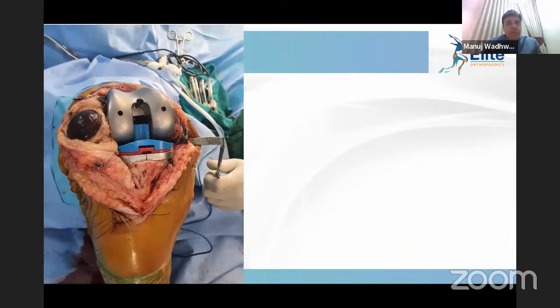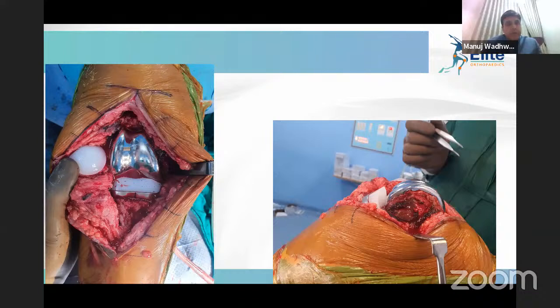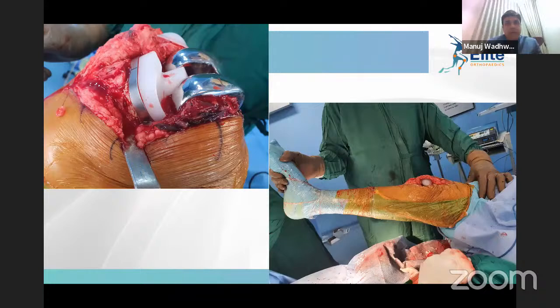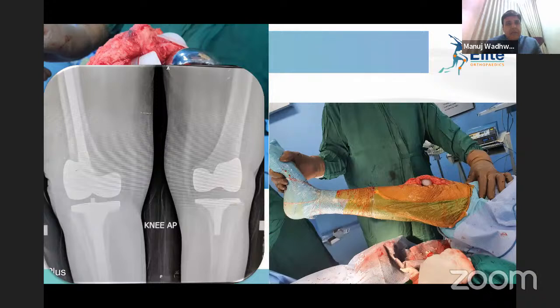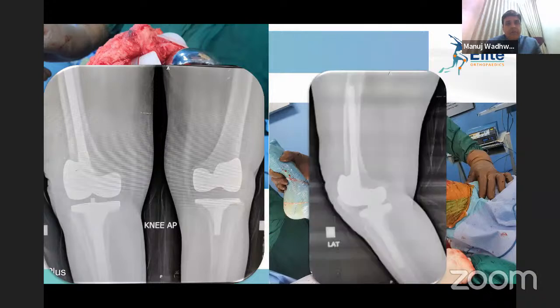Once the cuts were made appropriately on the tibia and the femur, we used a partially constrained varus-valgus knee, and with a simple PS insert, we were able to give her a good flexion-extension gap balance and range of motion of 0 to 125 degrees. This was the total alignment in flexion as well as extension. And this is how she looked radiologically, perfectly aligned.